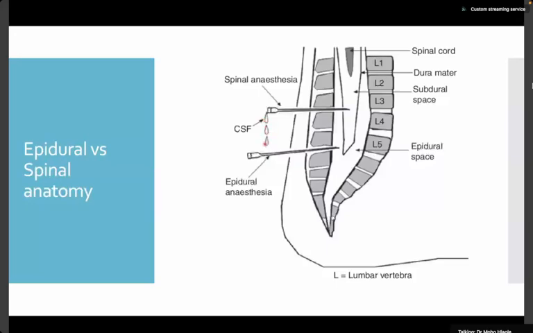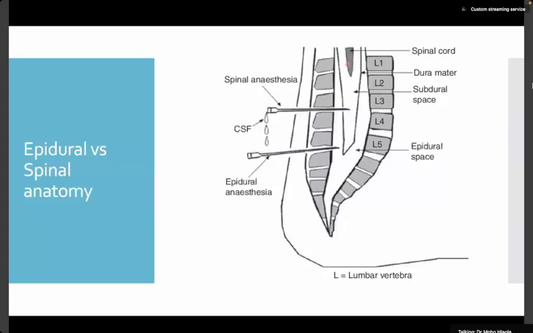And just while we're on this slide, note the level of your spinal cord, because that's important when you're putting in a spinal. You might ask why we do not go at the level of L1. If you go at the level of L1, you will go into the spinal cord, and you can cause spinal injury.